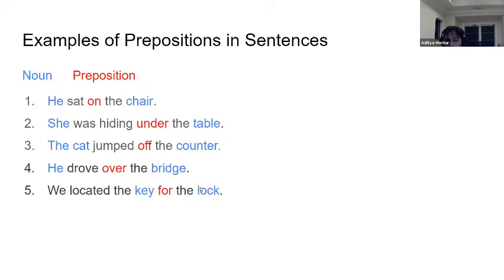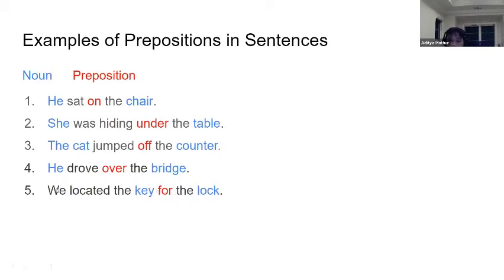The preposition is in the middle of key and lock. So you have to choose between for and on. Yeah, it's for. It's not the. The is not a preposition because the is not relating key and lock. For is relating key and lock. So that's why for is a preposition in this sentence.